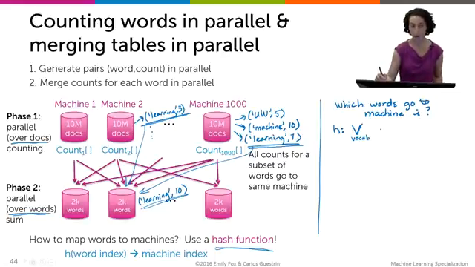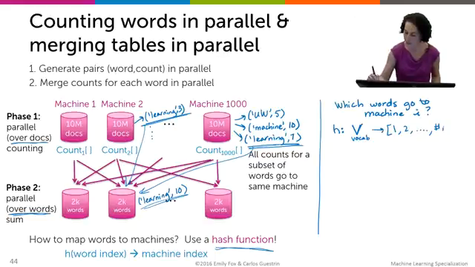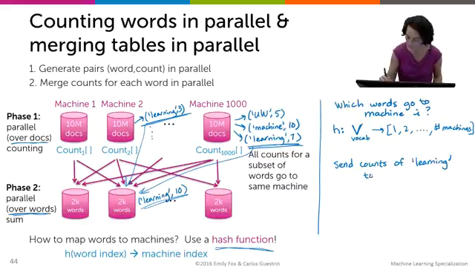So over the indices, however many words we have in the vocabulary, that's going to be the input to the function, and the output is going to be in the range of 1, 2, all the way to the number of machines that we have available. And so in particular, we'll send counts of the word learning to machine h of learning.